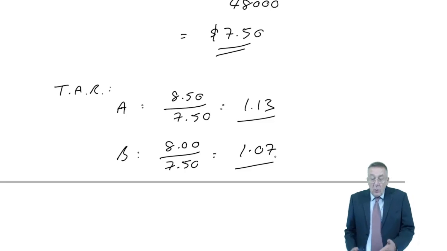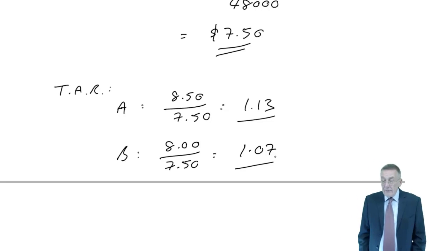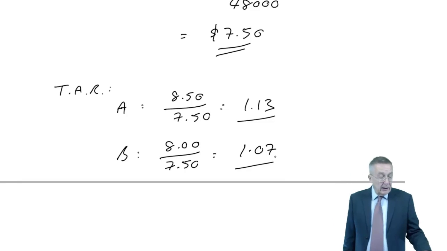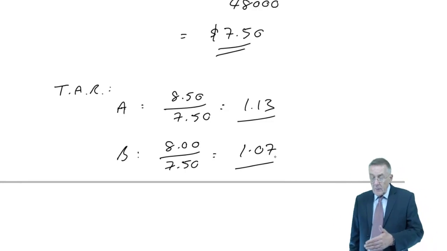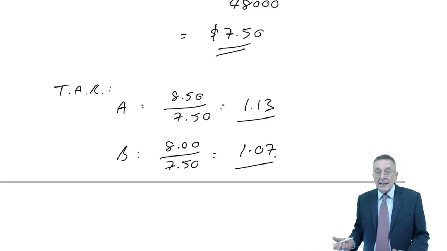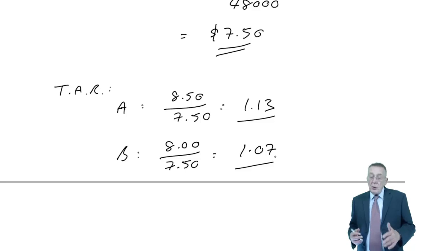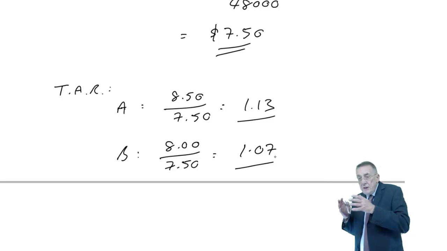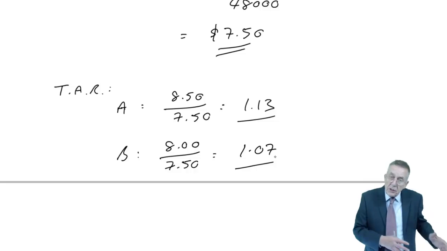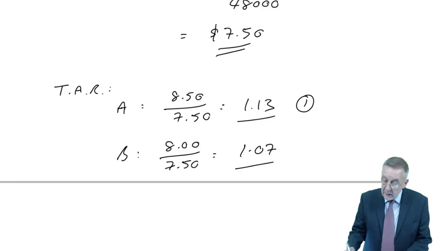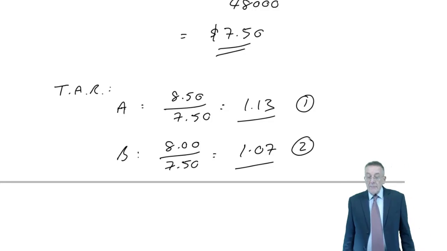But of course, why do we bother? What's the relevance of those? There's two reasons we might be interested in this. The first, in some ways, is a bit silly, but surely when we're ranking the products, which should we do first, which one should we do second, and so on. Well, the higher the throughput accounting ratio is, the better.